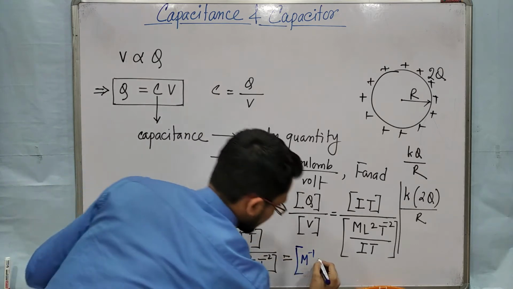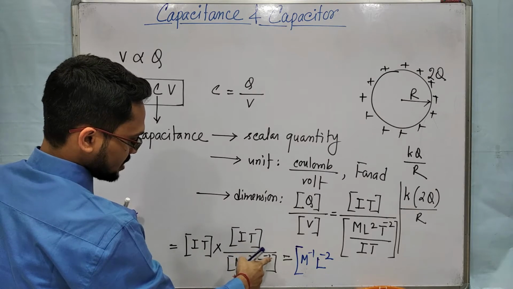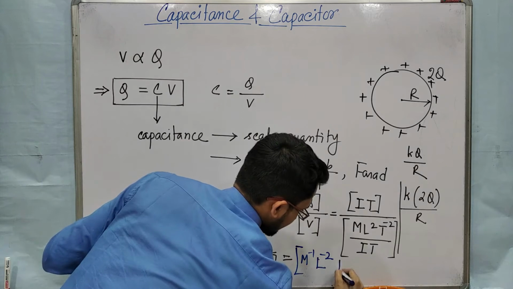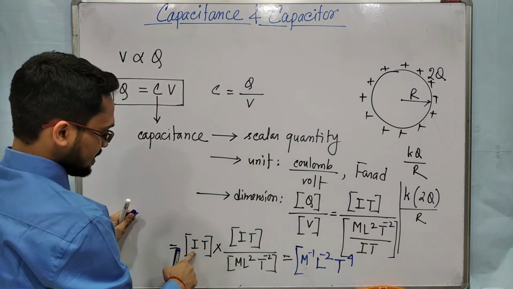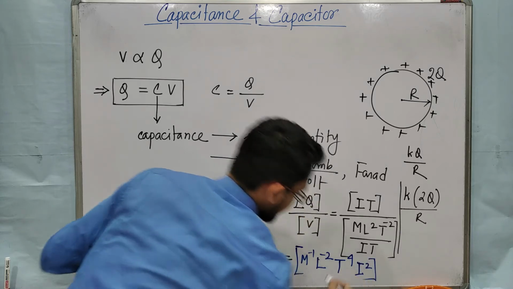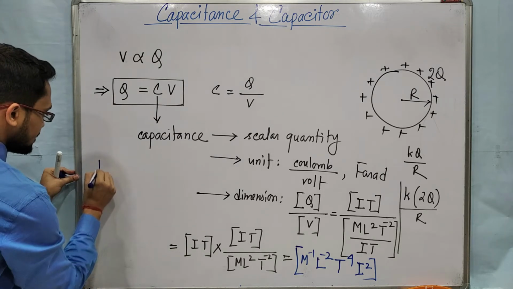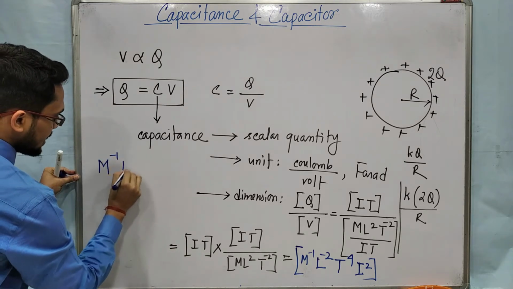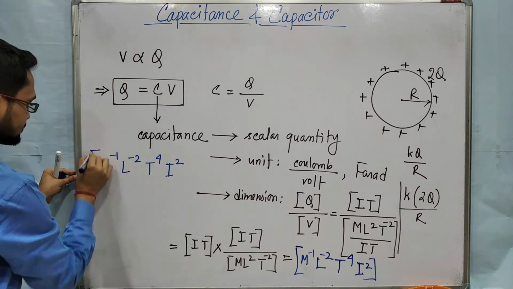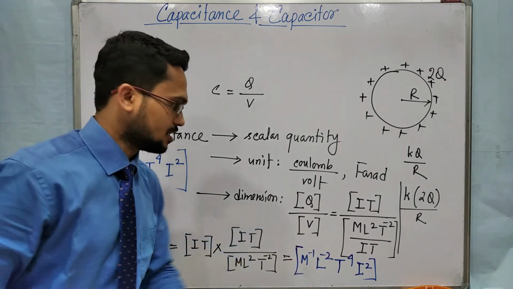L goes up, L minus 2. T minus 2 goes up, and with one T here and another T there, it becomes T to the power 4. Then I becomes I square. So this is the dimension of capacitance: M inverse L minus 2 T 4 I square. Understand? In this way you have to find the dimension of capacitance.